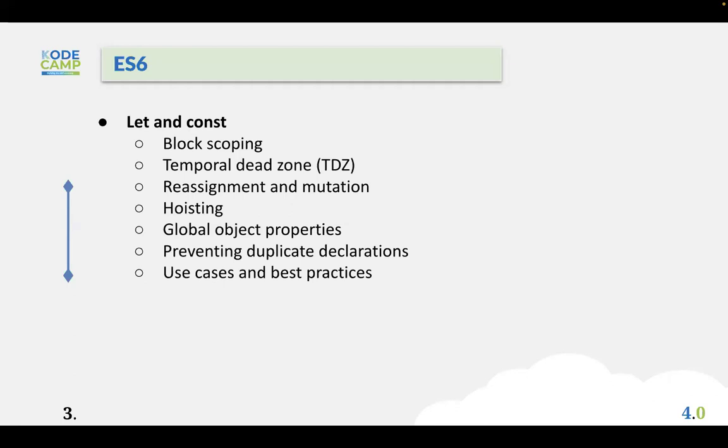So global object properties. In the browser, the global object is known as the window, while in the Node environment, it is known as global. In the browser, it acts like a central registry for properties and functions that are accessible throughout your JavaScript code.